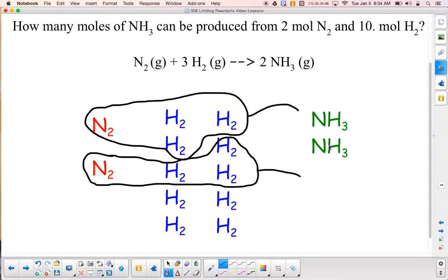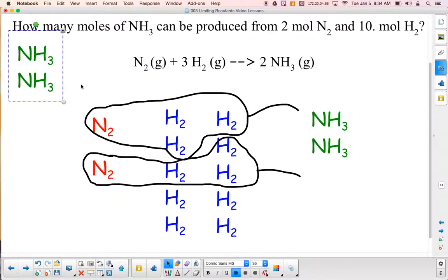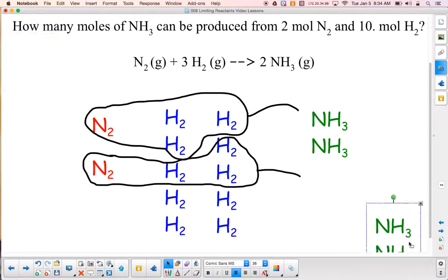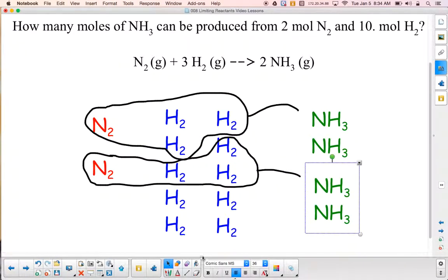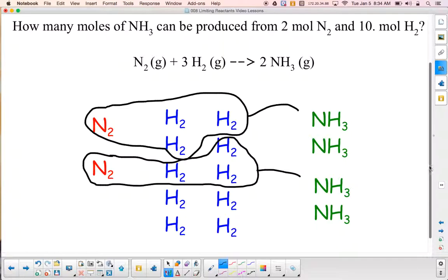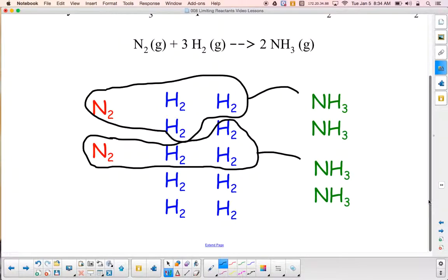And that is again going to make 2 moles of NH3. And then I get my pen and I do it again. Except this time I haven't got any N2. So the process is going to come to a halt at this point in time. I can't do this again because I've run out of N2.